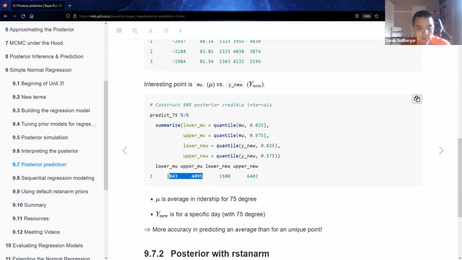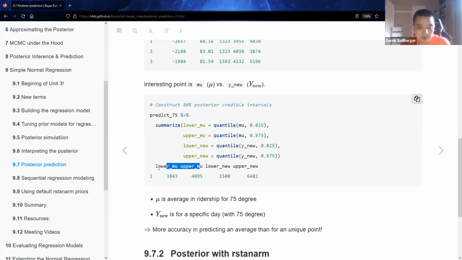For mu, the credible interval goes from about 3,900 to about 4,100, whereas for y new, this goes from about 1,500 to about 6,500.